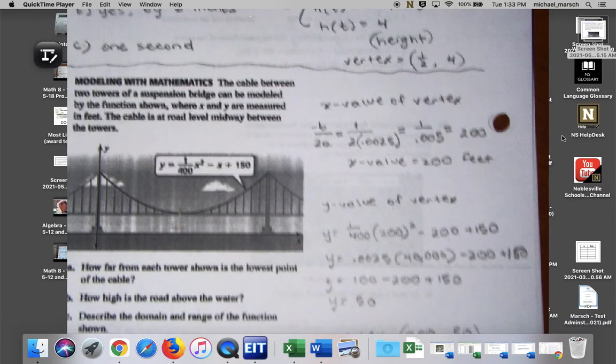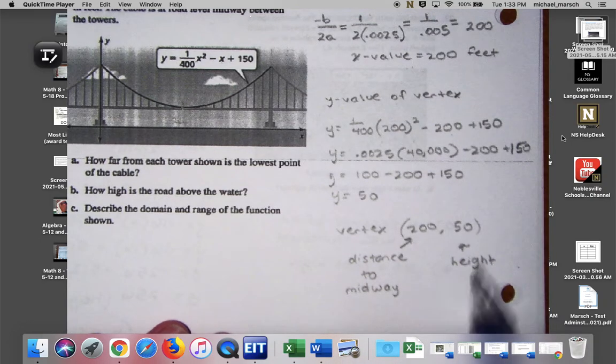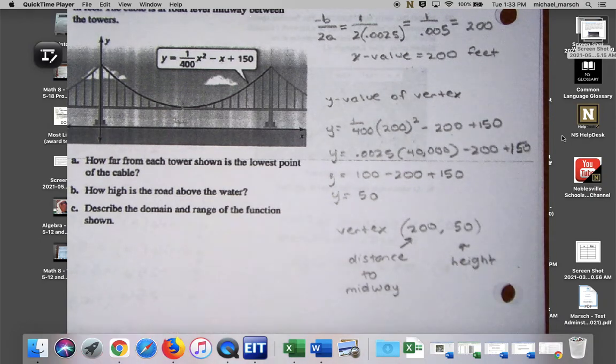So we have our vertex here. The 200 is the distance to the midway of the bridge. The 50 is the height of the suspension over the water.